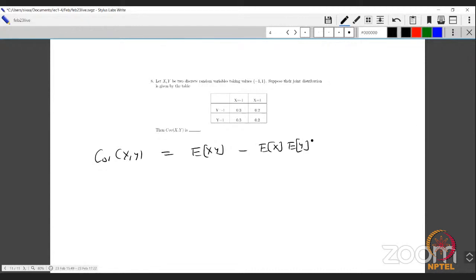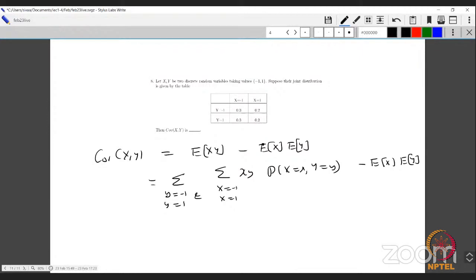But what is E of xy now? E of xy is the sum from y equal to -1 to 1, and the sum from x equal to -1 to 1, of xy times the probability x equal to x and y equal to y, minus E of x and E of y.